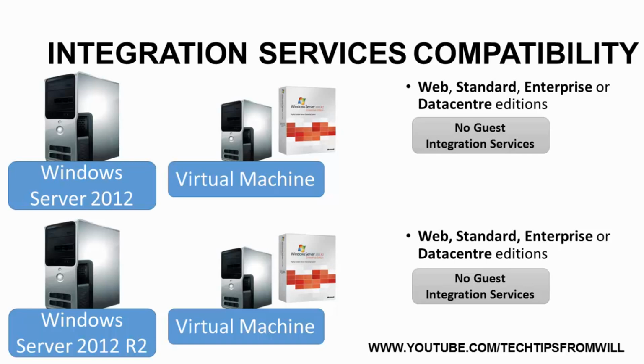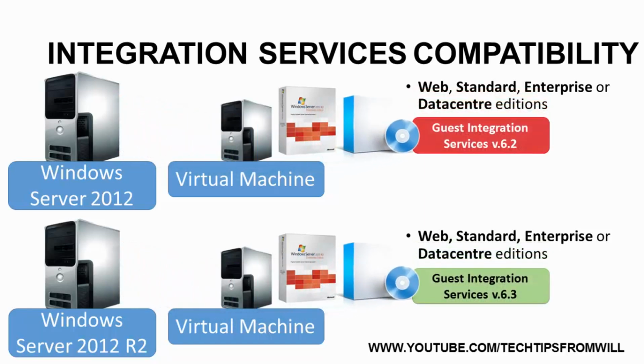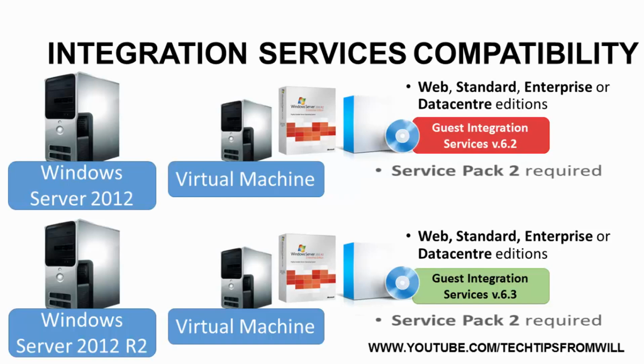Microsoft has made guest integration services backward compatible with Windows Server 2003 R2, providing you are using the Web, Standard, Enterprise or Data Center editions. Of course, since the services are not built in, you will have to install them manually from scratch. You will also have to install Service Pack 2 beforehand on both types of host.